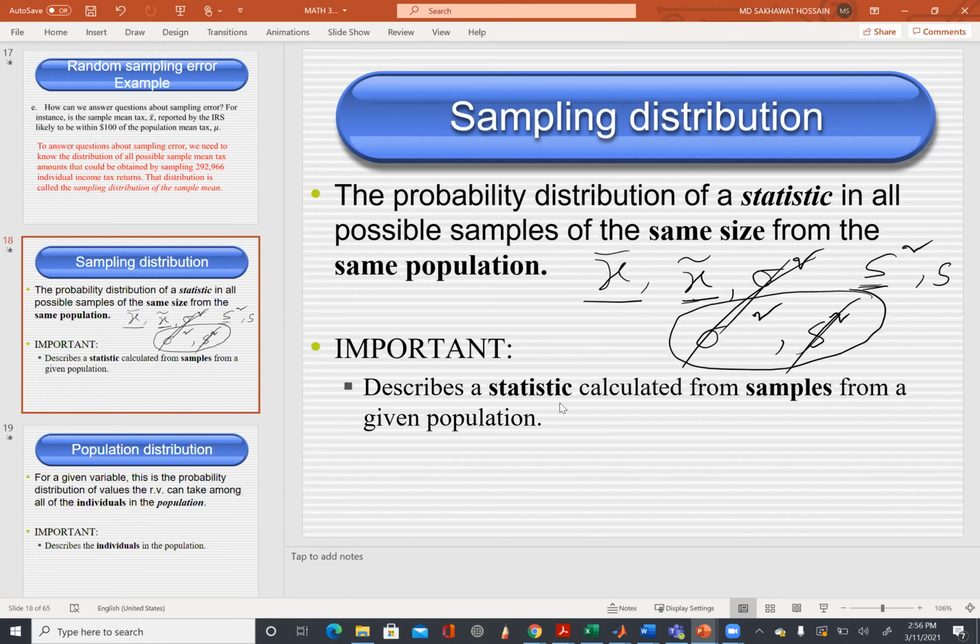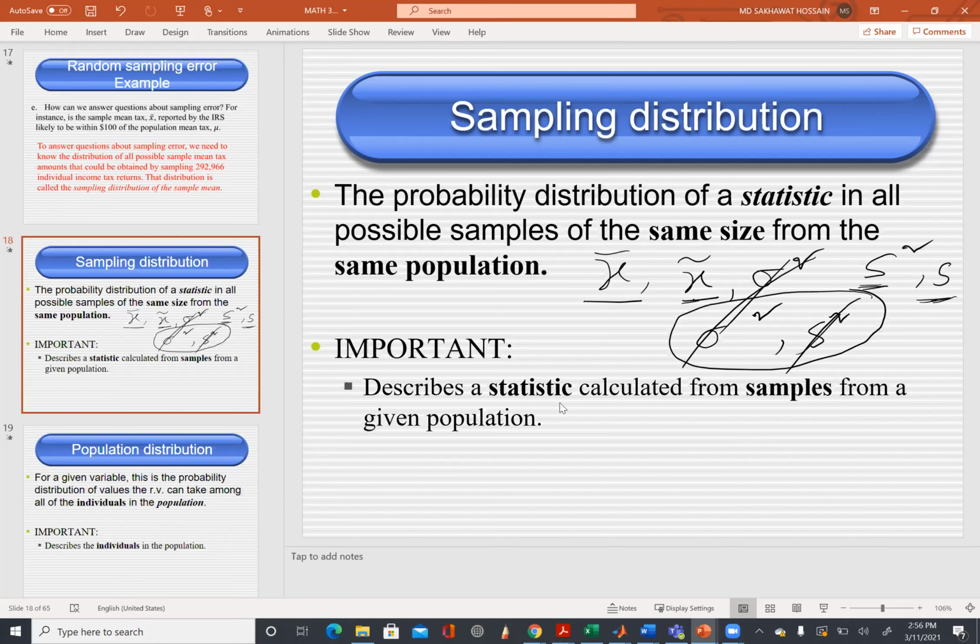For S square, the sampling distribution for variance. And for S, the sampling distribution for standard deviation. So the sampling distribution is the probability distribution of a statistic.